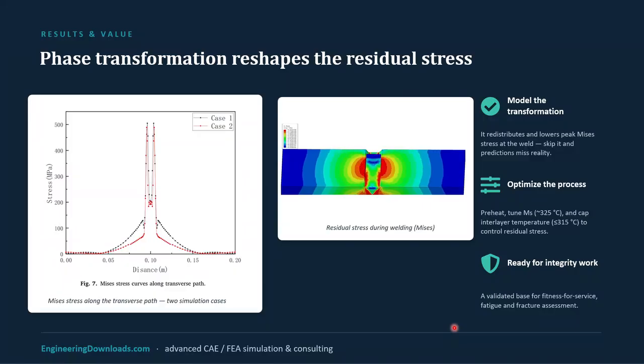Let's look at the results. Here you can see the von Mises stress across the weld, comparing two cases which belong to the paper. When I include the phase change, the peak stress drops and the stress spreads out. This is a real and useful effect.